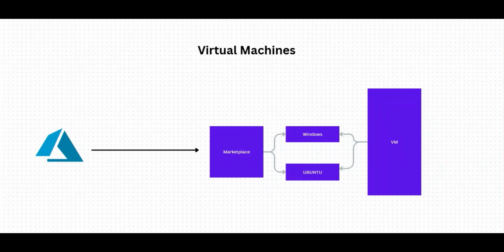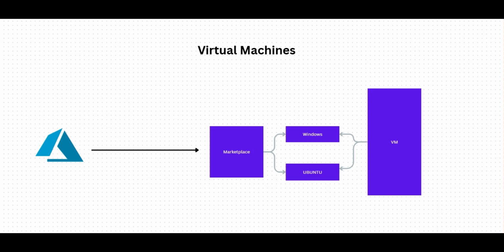Azure offers a marketplace that includes a wide range of pre-built images like Windows Server, Ubuntu, or Oracle Linux, and many more. These images are ready-to-use templates which you can select and use quickly to create virtual machines. Once your virtual machine is created, you can host and deploy your application on it. These apps will be accessible to users over the internet or a private network depending upon your configurations.